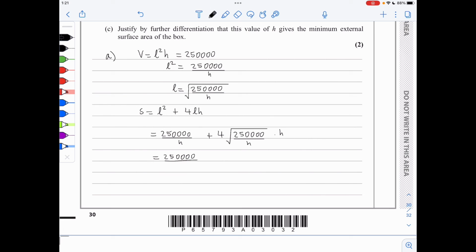Now the square root of 250,000 is 500, so this simplifies to 4 times 500 over root h times h, and therefore this leads to 250,000 over h plus 2,000 root h, because h over root h is simply root h in the numerator, which is exactly what I had to show according to the question.